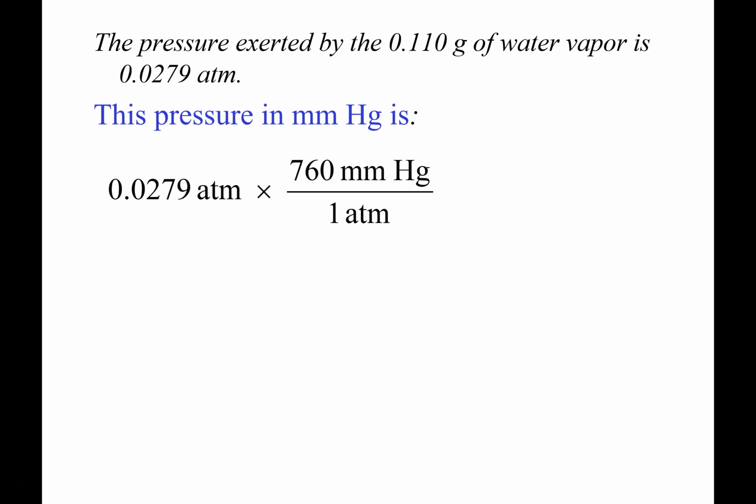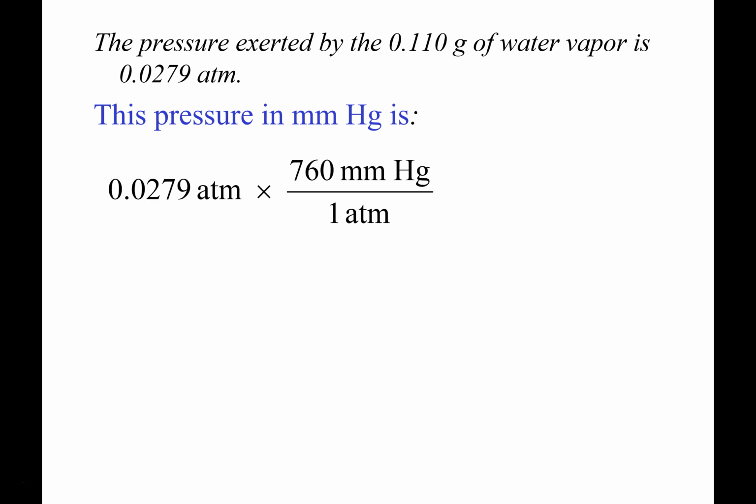Instead of converting the torr to atmospheres, we're actually converting the atmospheres into torr. So here we go. The pressure we came up with is 0.0279 atmospheres. We're going to go to torr through millimeters of mercury, so that we know that 1 atmosphere is exactly equal to 760 millimeters of mercury.